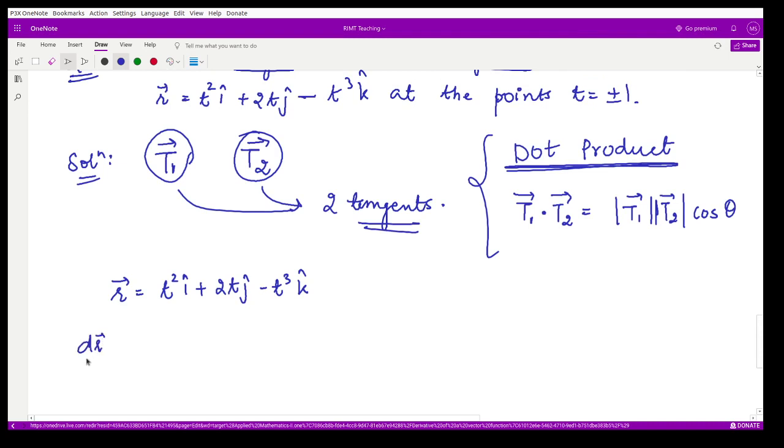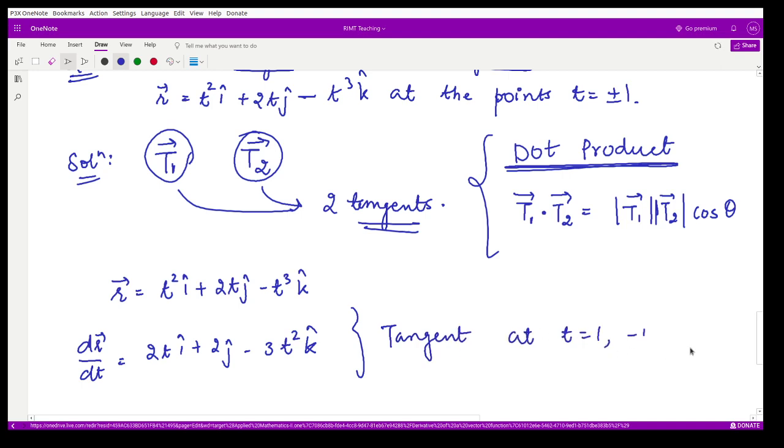So first of all, let's differentiate this. It would be 2t i cap plus 2 j cap minus 3t square k cap, right? So this is the tangent, but we have to determine the tangent at the point t is equal to plus 1 and minus 1.